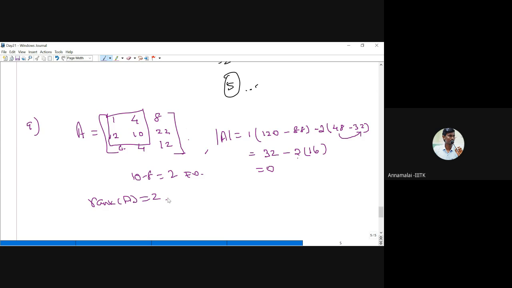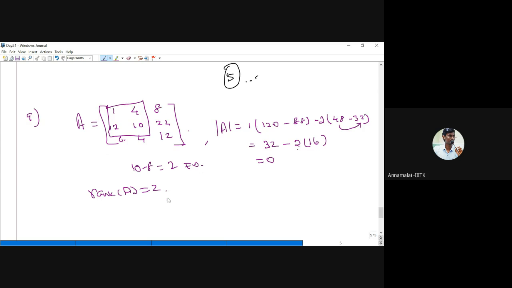So that is another way of finding rank. Okay, so next question. Sir, if the determinant is not 0 then? If the determinant is non-zero, the rank is 3. For a 3 by 3 matrix, if the determinant is non-zero, the rank is 3.